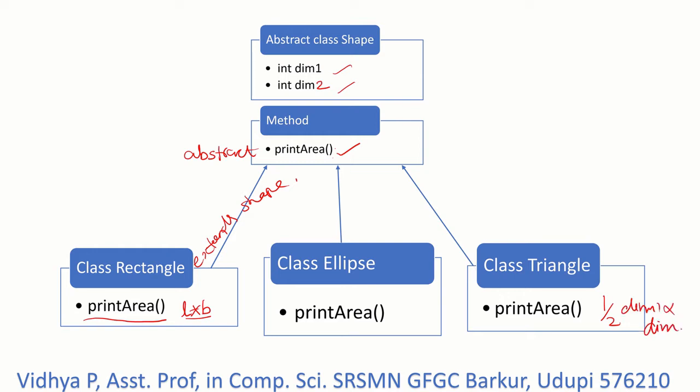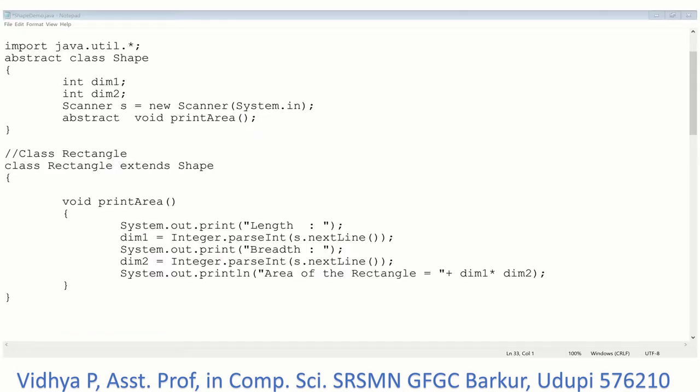So just the application of these particular formulas we are going to do inside our print area. And in the main method we just create objects for rectangle, ellipse and triangle, and we will print the area. Let us see the code.